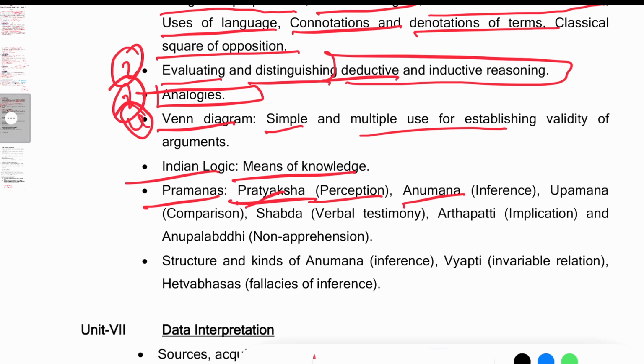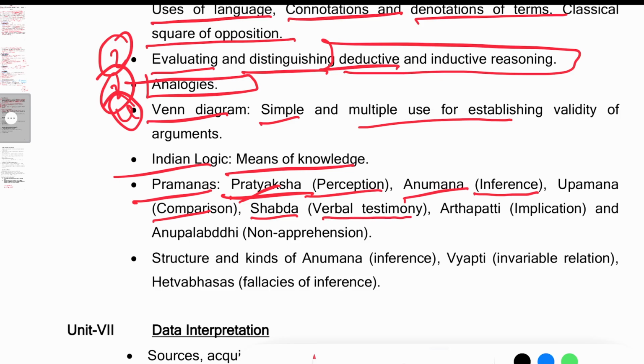Anumana, inference, Upamana, comparison, Sabda, which means verbal testimony, Arthapatti, which means implication, and Anupalabdhi, which means non-apprehension.